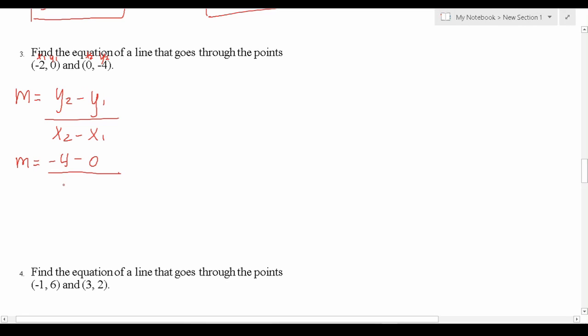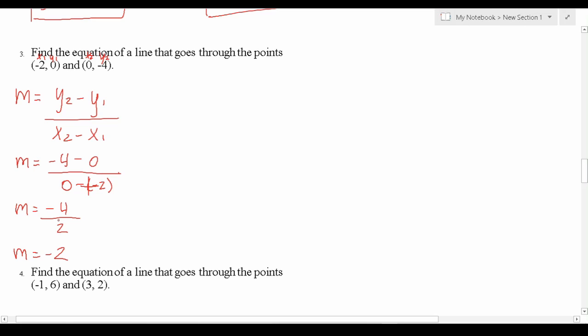X2 is 0 minus x1, which is -2. Let's keep working this out. We have -4 minus 0 and 0 minus -2. Minus minus, of course, becomes positive. So this is -4 over 2. If we do the math, -4 divided by 2 is -2. Okay, again, a negative divided by a positive is going to be negative.